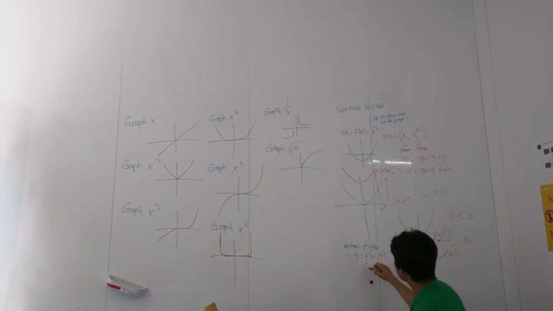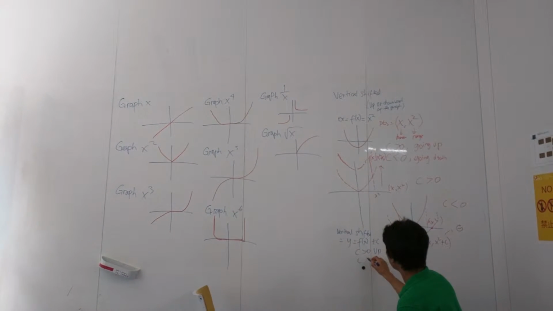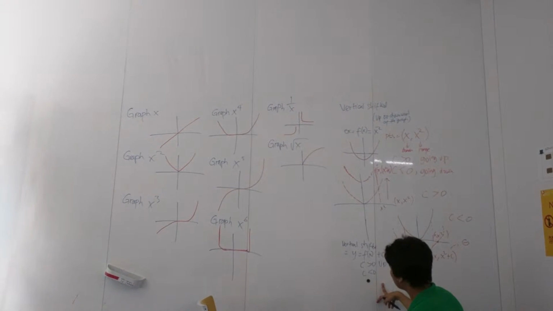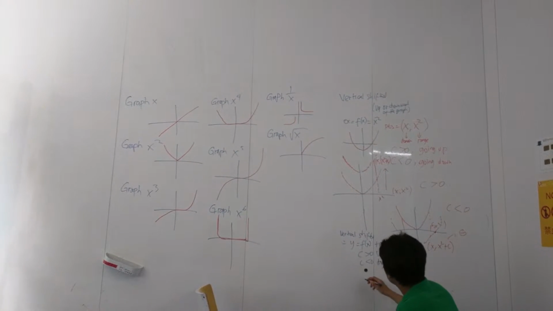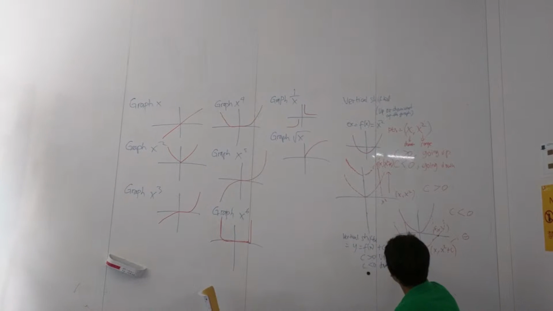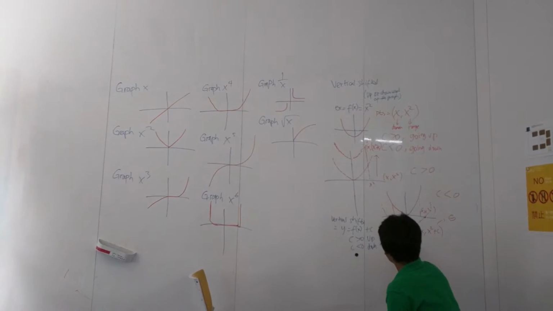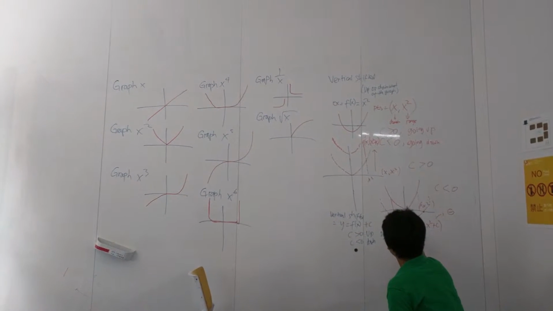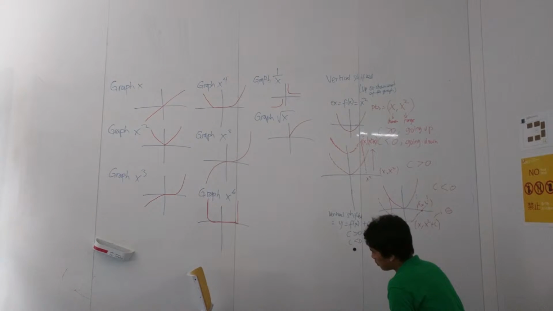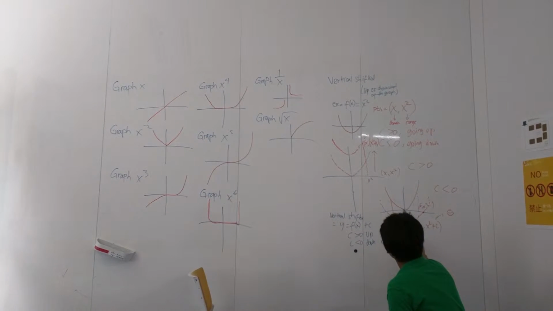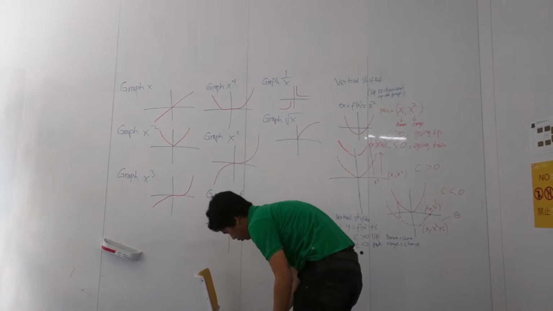With c greater than 0 it will be up, and c less than 0 it will be down. The domain of the equation should be the same, and the range will change based on the situation.